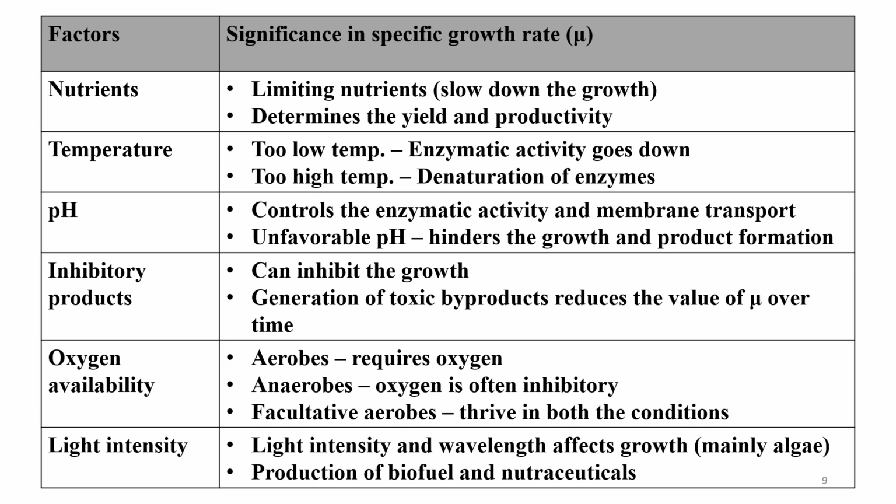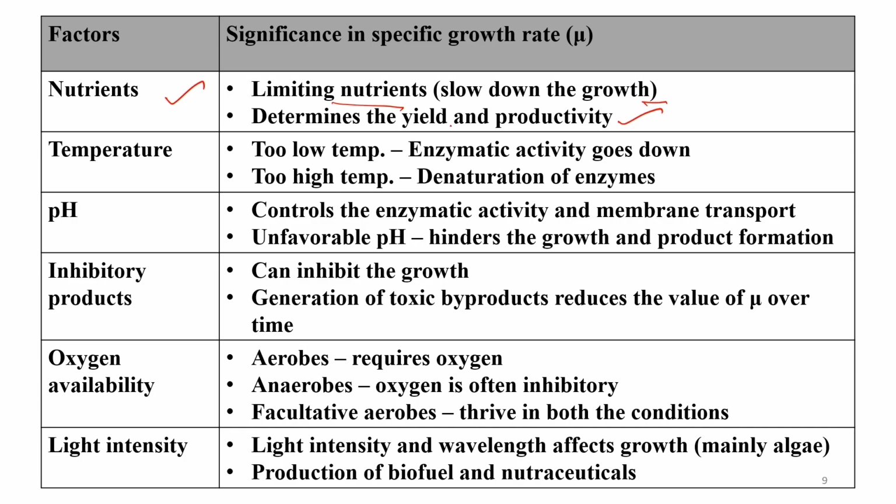Now, what are the different factors which affect the specific growth rate? Nutrients, it is very important because it gives the energy for the growth. Depending on the limiting nutrients, it slows down the growth, and finally, whatever substrate is given, that biomass will utilize for its growth, and also it may utilize the same for the product formation.